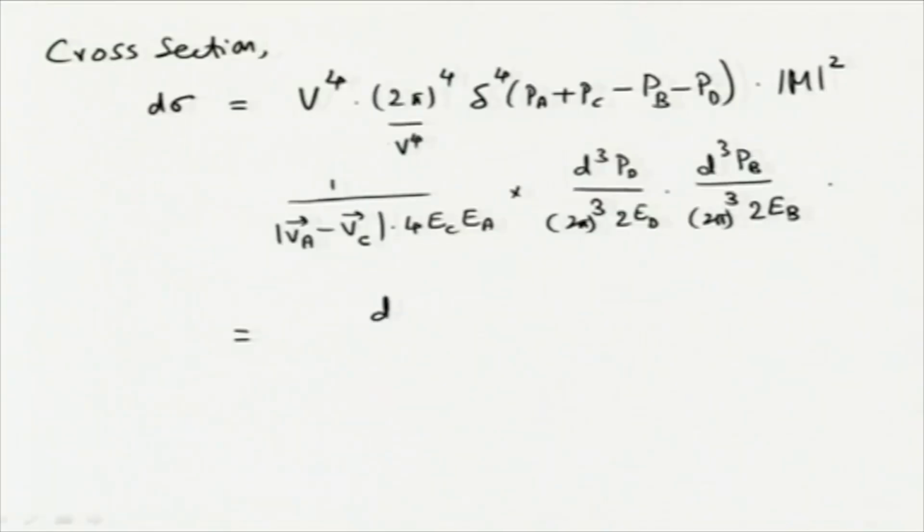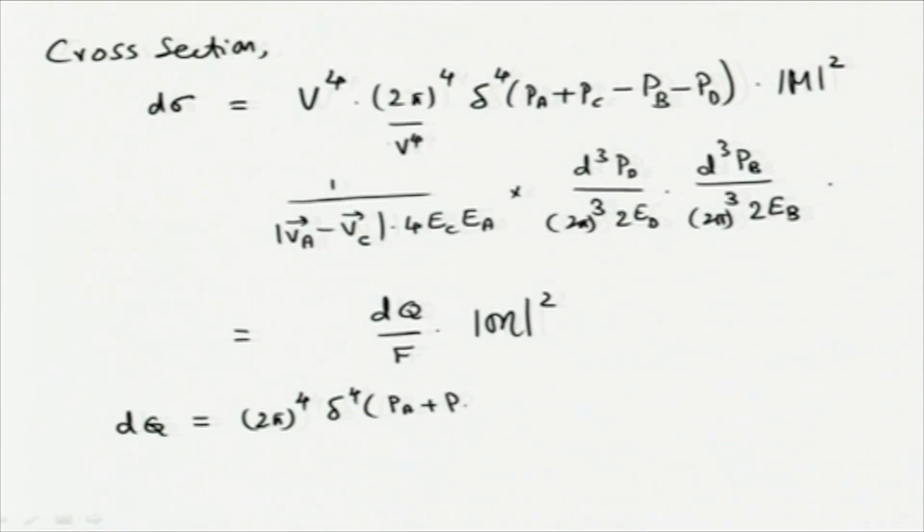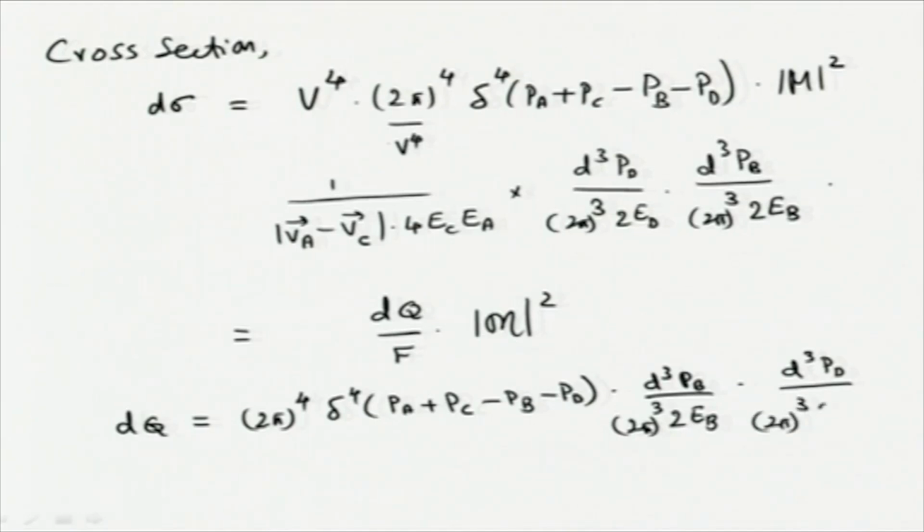Let me write it in a compact way as dq over F times M squared, where dq is, since the V to the power 4 factors cancel, 2 pi to the power 4 delta 4 of P A plus P C minus P B minus P D, and d 3 P B over 2 pi to the power 3 2 E B, d 3 P D over 2 pi to the power 3 2 E D. This essentially depends only on the momenta, that is the 3 momentum and the energy, or the 4 momentum.